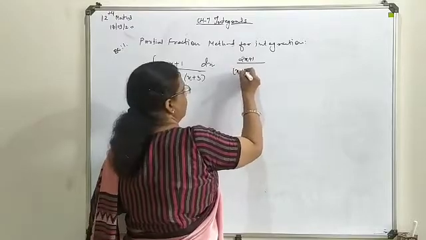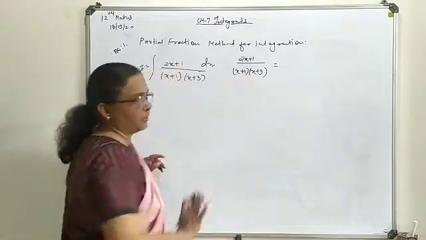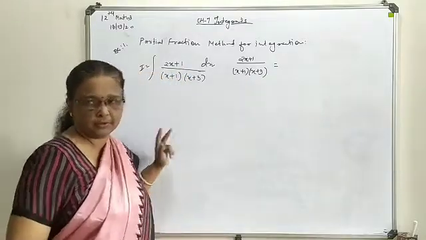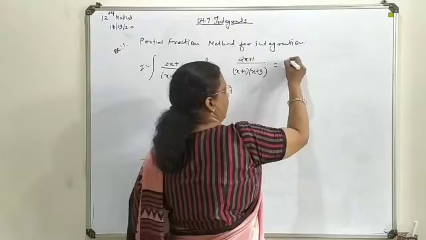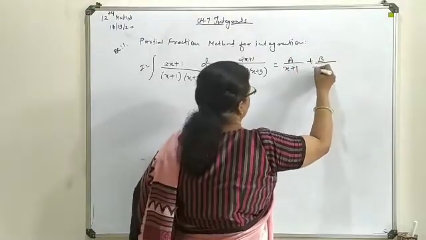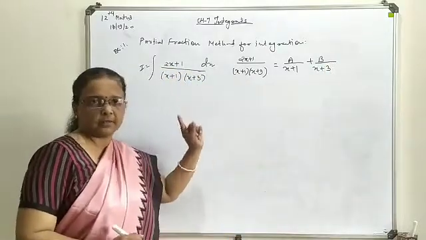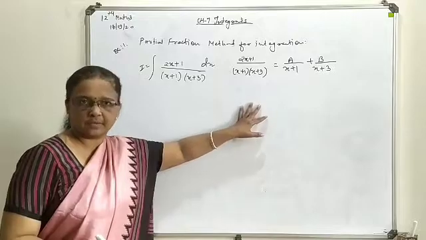write your question form without the integration sign. If you only have linear combinations, two constants you will produce here: A upon x plus 1, any of the factors you can write first, and B upon x plus 3. So this way with a single combination make them separate.